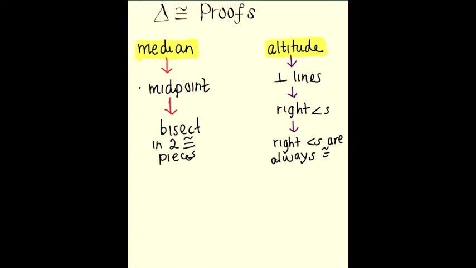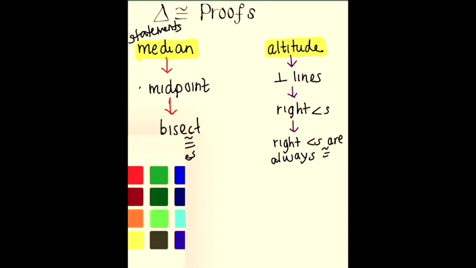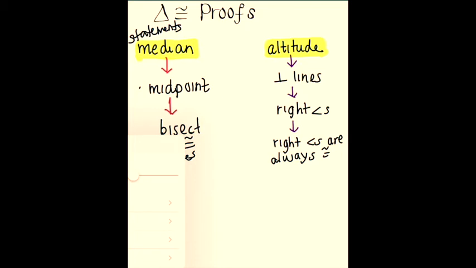So literally, these become your statements. When you see the word median, two statements are going to follow. One statement is going to be midpoint. So you're going to say a point is the midpoint. After you say that that point is the midpoint, you're going to say that two pieces are congruent because it's being bisected.